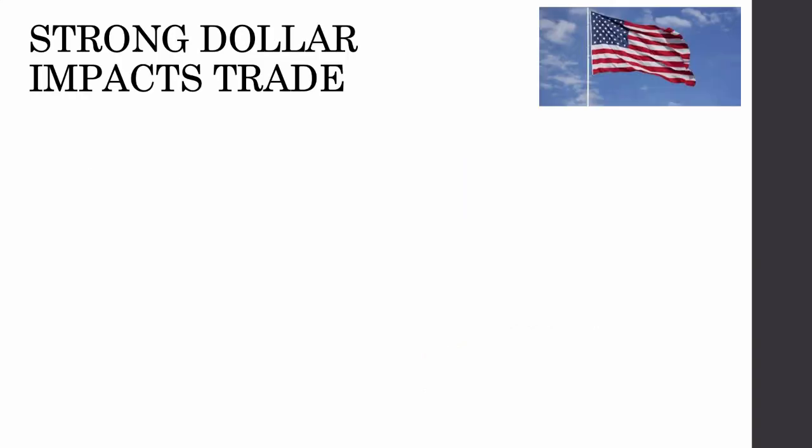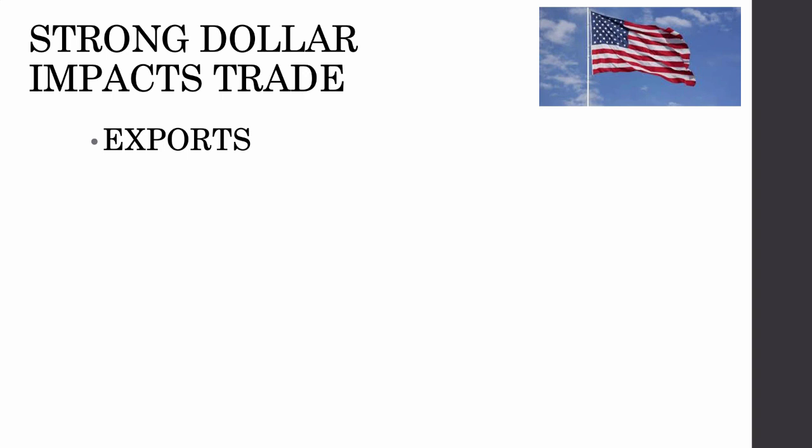So now, we can see what happens when the value of currency changes and what the impact on trade will be. Think about it this way. If anything gets more expensive, as we've learned in this class, and your income stays the same, if something gets more expensive, you buy less of it.